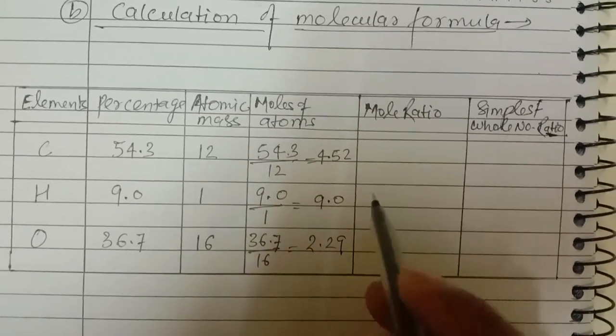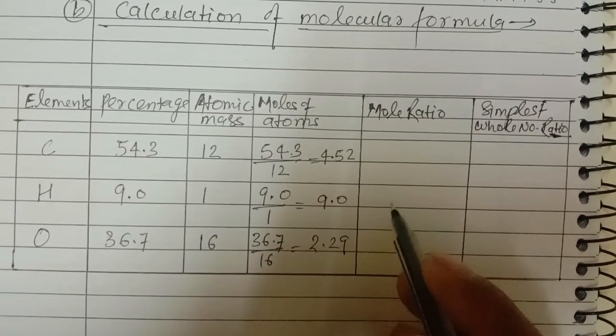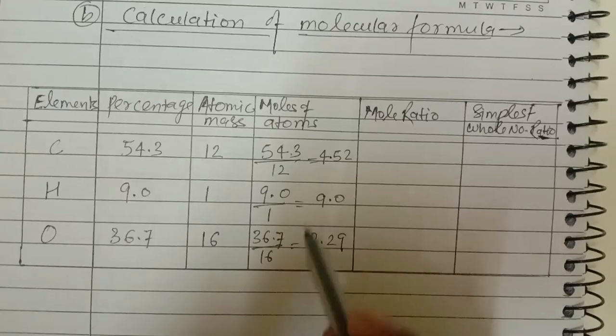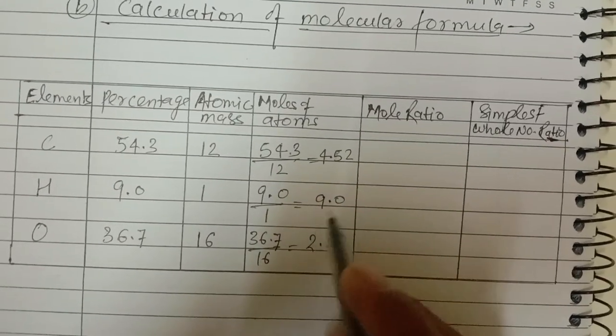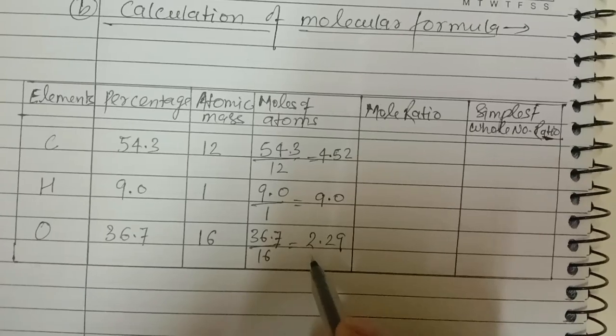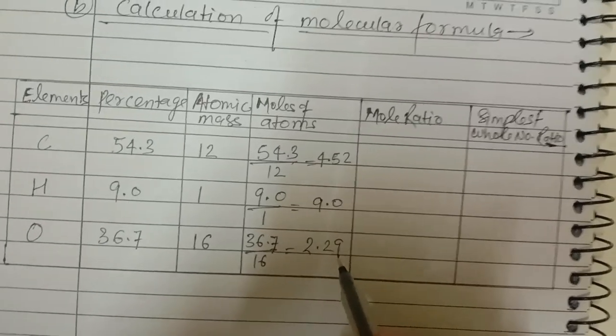Now we will find the mole ratio. Out of all these numbers of moles, we see which is the smallest value. You can see 2.29 is the smallest.